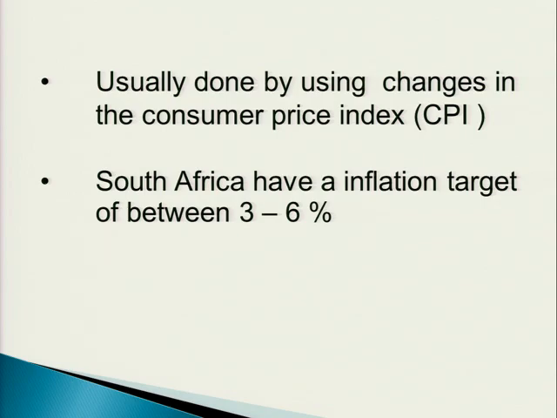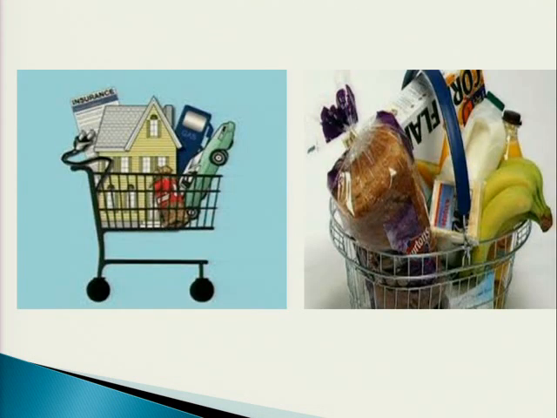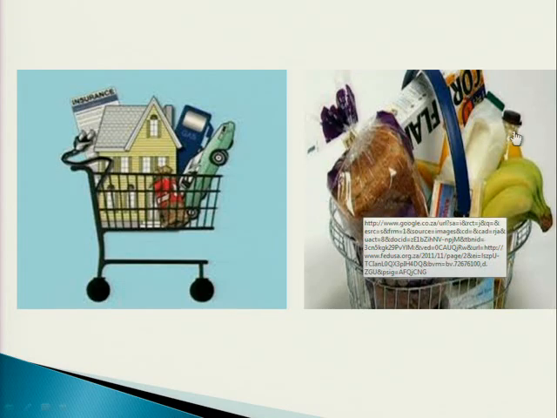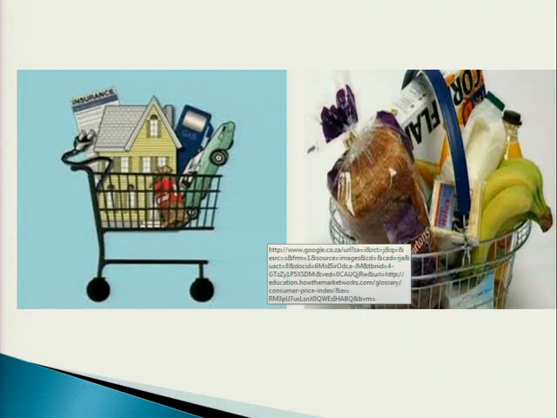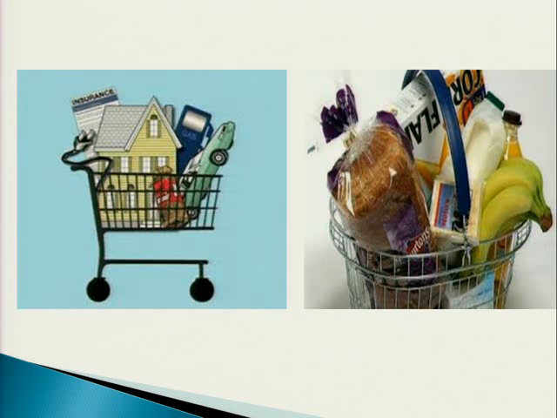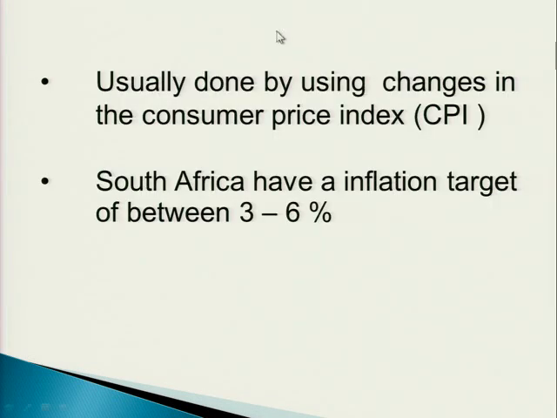Now, the consumer price index looks at the general basket that a household is spending money on. Now, you can see there that we have houses, cars, insurance, gas. They also have food, which is important. Over the last few months, the food prices increased at a speed of around 5 to 8%, and this is causing then also that we have an inflation rate.